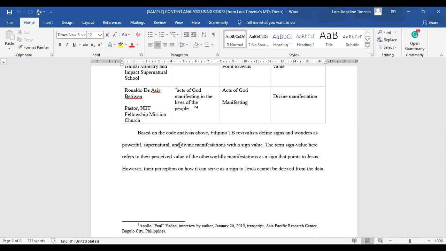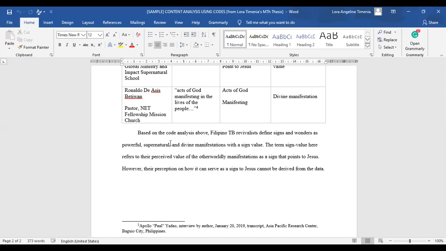Then another 3 have almost the same, conceptually the same answer, and you code them as 2, and so on. At the end of it, you have code 1, code 2, code 3, code 4, code 5. Code 1, this is the answer. Code 2, this is the answer. Code 3, this is the answer. And then you make a graph. Out of the 5 codes here, the answer with the highest number would be, let's say, code 4. So a majority of them say that this is the definition, code number 4. All right, am I making myself clear?